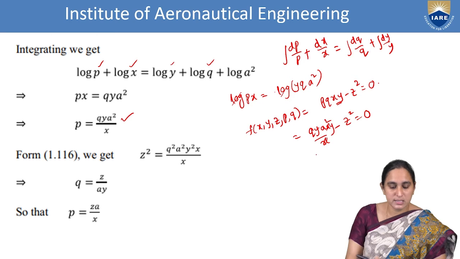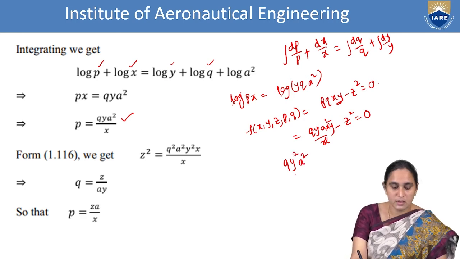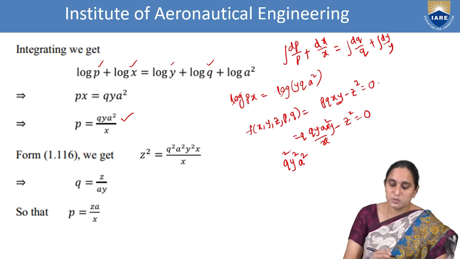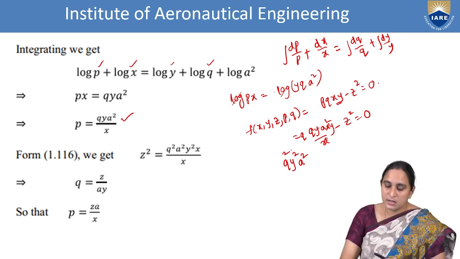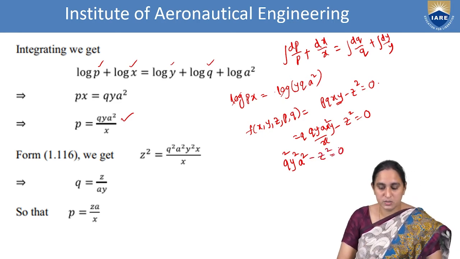Here x cancels, and from that Q into Q, that is q square y square a square, minus z square is equal to 0.